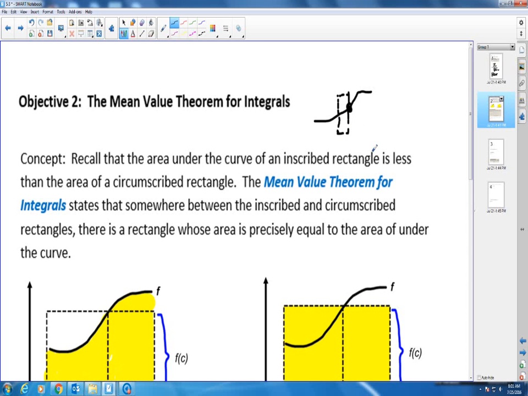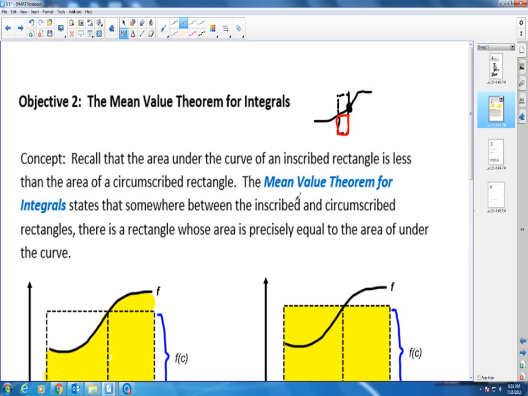Something like that. Inscribed will be the one that's inside of it, which would be this way. So that's the difference between the right endpoint and the left endpoint. Alright, so we know the circumscribed rectangle has more area than the inscribed rectangle.